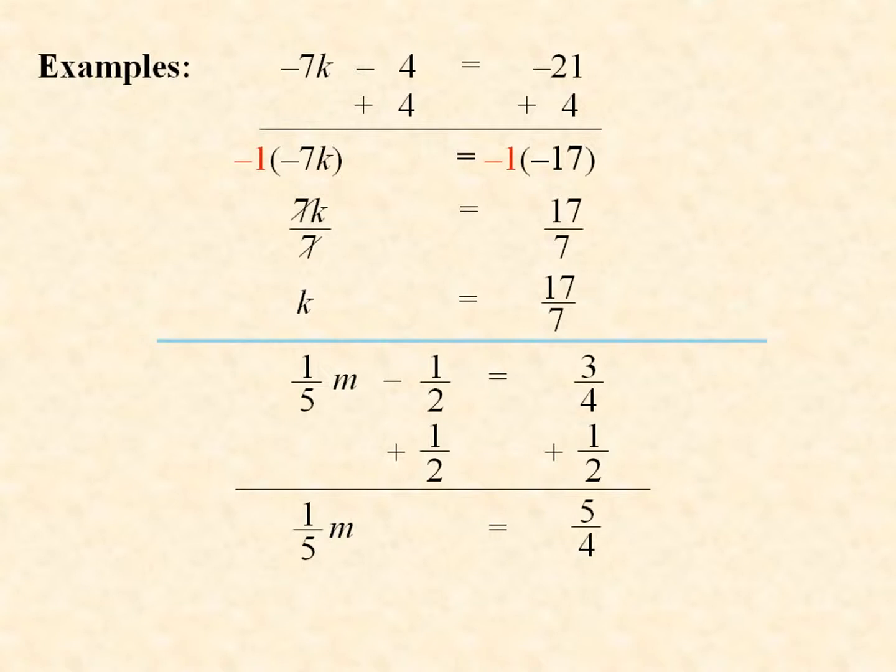To undo the multiplication by 1/5, we will multiply both sides by the reciprocal of 1/5, which is 5/1. Then the 5's cancel on the left, and we're left with m equals 25/4. Again, we will leave the fraction as an improper fraction.